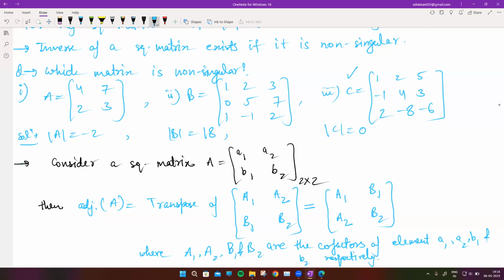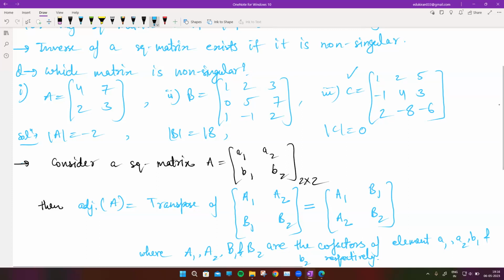So you find the cofactors for each element: the cofactor for small a1, for small a2, then small b1 and small b2. You place those values at their respective places and then take the transpose of this matrix. In that way, you will get the adjoint of matrix A.